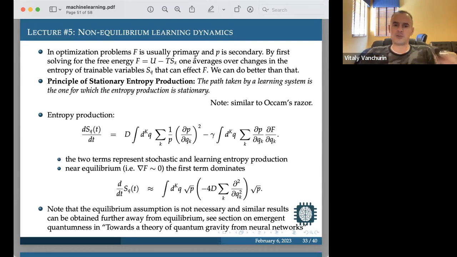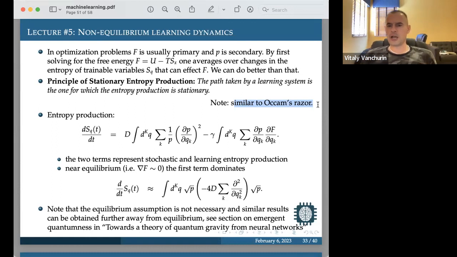And here I'd like to pause and draw a connection to the well-known Occam's razor principle. Basically, it tells you that if you're constructing a system and you want it to be an efficient learner, then you should make sure that it uses the least possible number of trainable variables to memorize whatever data set it has, so that the rest of the trainable variables are useful for memorizing something additional, either for that data set or for some new data set.